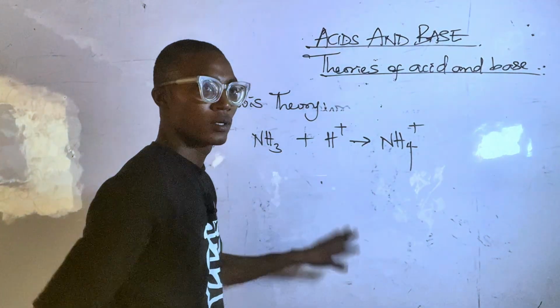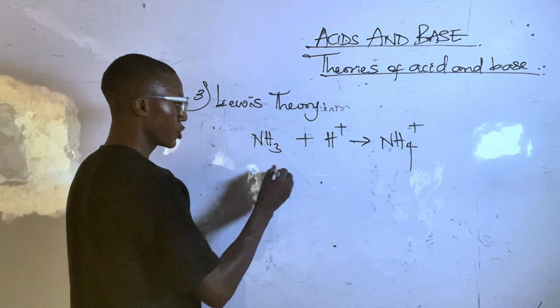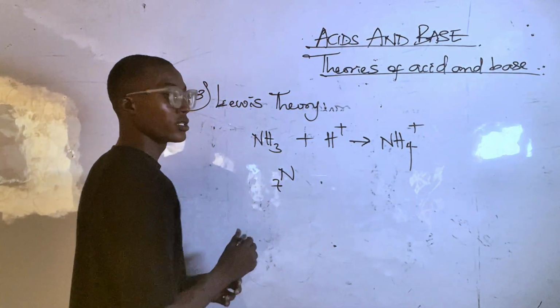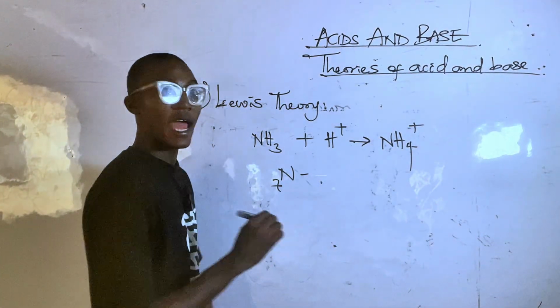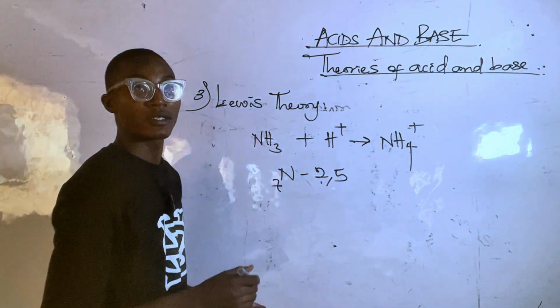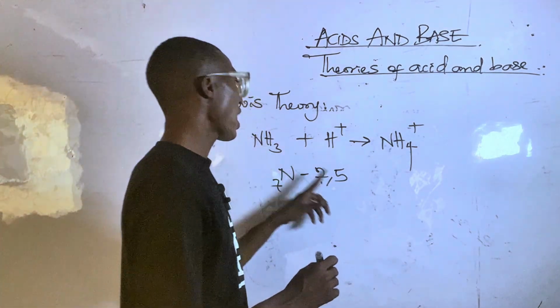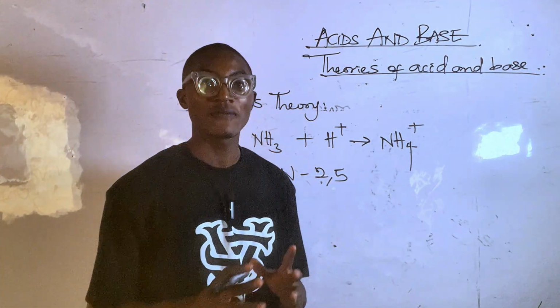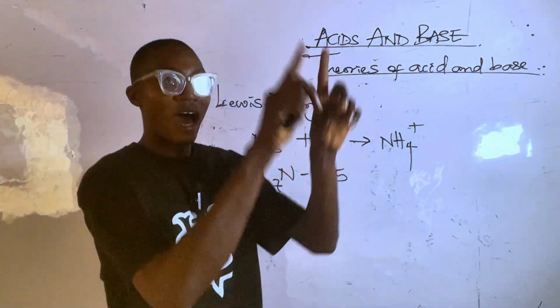But quick one, let me remind you that nitrogen is number 7 on the periodic table, whose electronic configuration is 2,5. It means nitrogen has 5 valence electrons, meaning 5 electrons in its outermost shell.